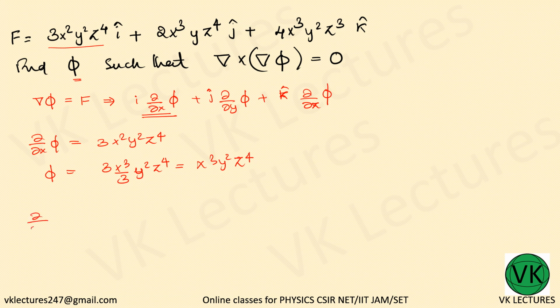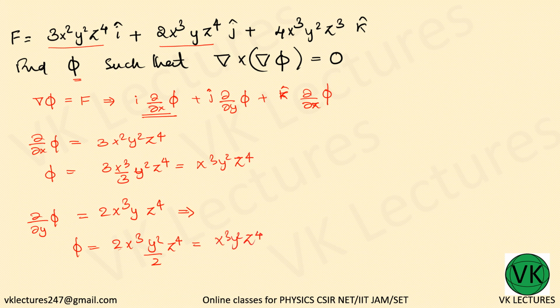Similarly, dou by dou y of phi is the second term, 2x cube y z power 4. Integrating, phi is equal to 2x cube y square by 2 z to the power 4, so the 2 gets cancelled: x cube y square z to the power 4.